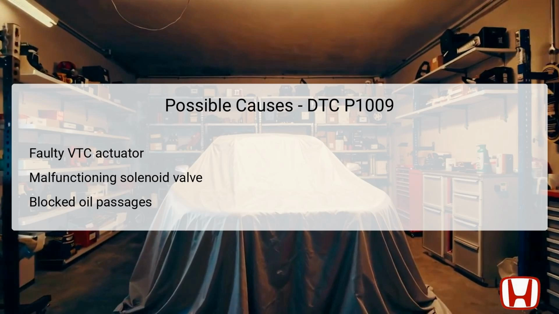Lastly, blocked oil passages within the VTC system can restrict oil flow crucial for the actuator's operations. Each of these causes can contribute to the symptoms observed with the DTC, necessitating careful evaluation during troubleshooting to isolate the specific failure point effectively.